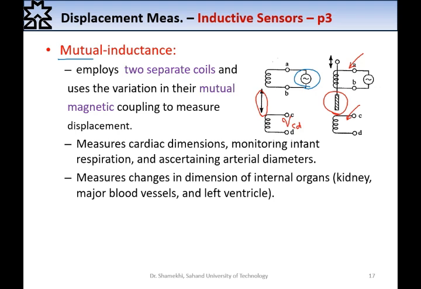But if the magnetic core is placed only inside one coil, for example the first one, or inside the second one, the induction will be reduced.